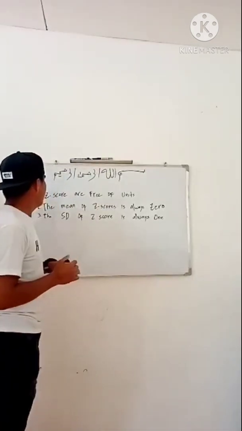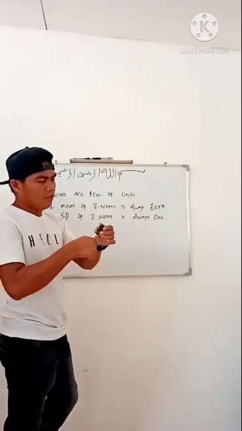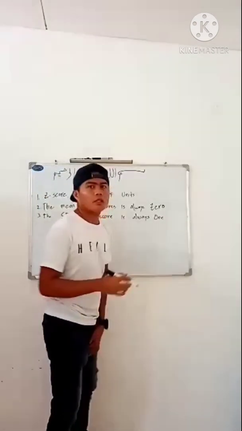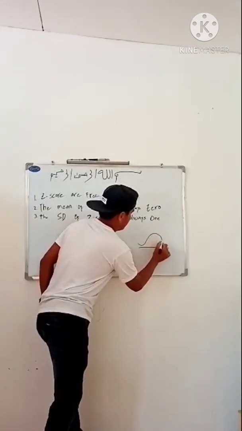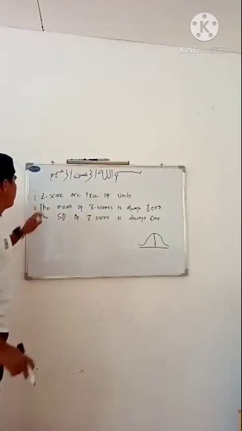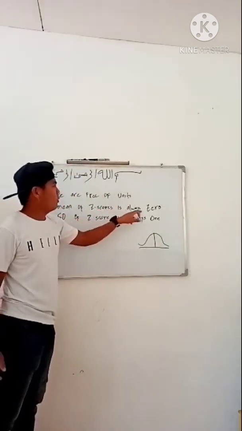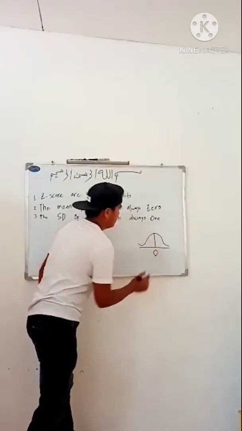So let us proceed to the properties of Z-scores, which Pindi will discuss. Z-scores are free of unit. Before that, I draw a simple normal curve. The mean of Z-score is always 0. This is the mean.